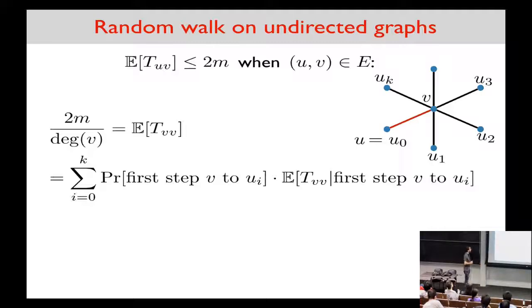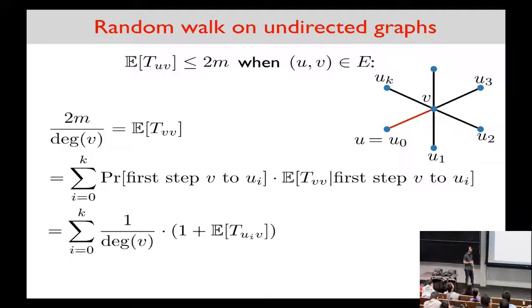This is a very useful formula, by the way. If you don't know it, it is very useful to write the expectation in this way. Now, the probability that the first step is V to UI is 1 over the degree of V.